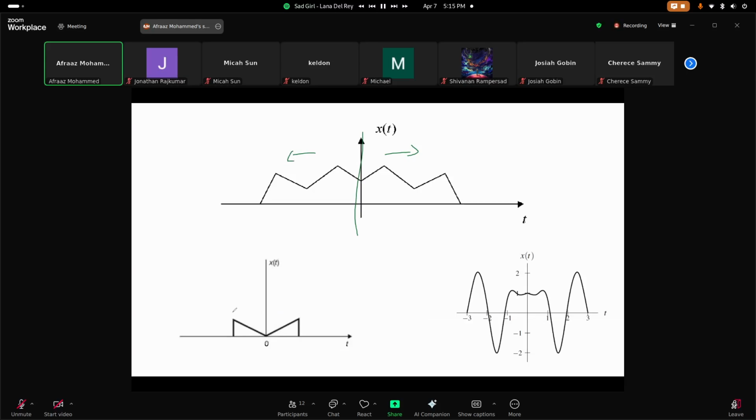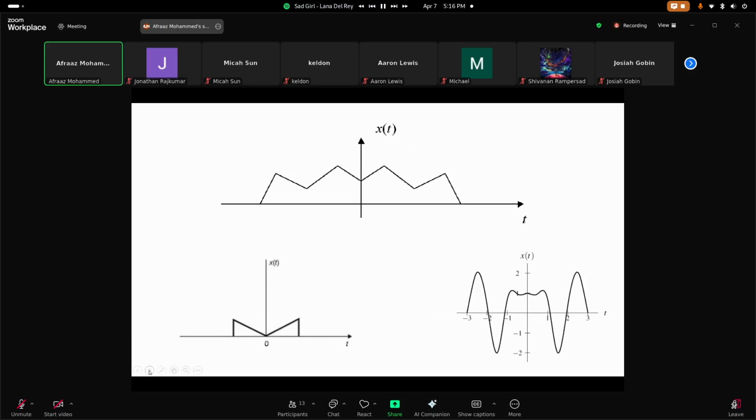Similar to this one, you have one shape here, and if it's a mirror image on the y-axis, you're going to get this value here. And even this signal is a little more complex, but if you look at it carefully, with a mirror image on the y-axis, what is on the positive end is going to be equal to the negative end. So all these signals are considered even signals.